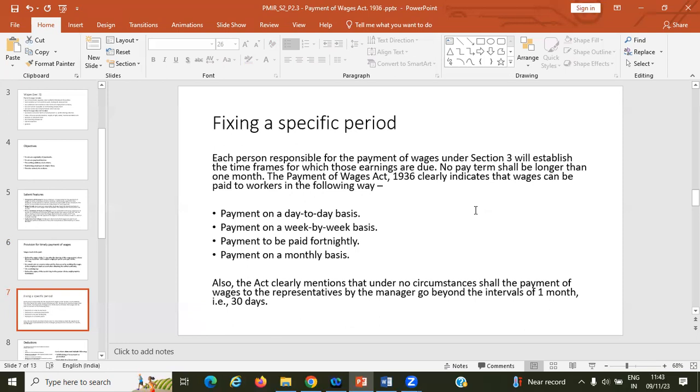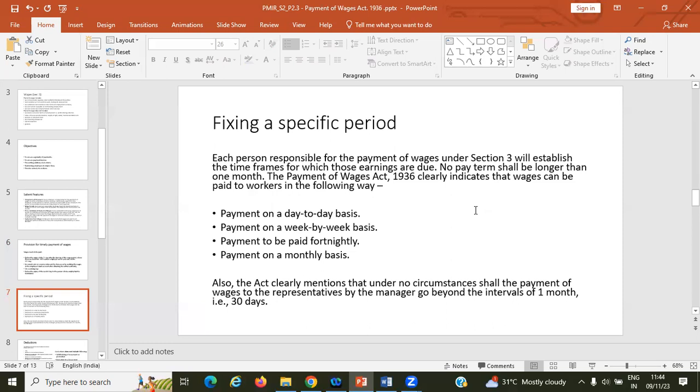As per the Payment of Wages Act, 1936, it is clearly indicated that wage can be paid to a worker in the following ways, whether it is daily, weekly, fortnightly, or monthly. Also, the Act clearly mentions that under no circumstances should the payment of wages go beyond the interval of 1 month, that is 30 days.